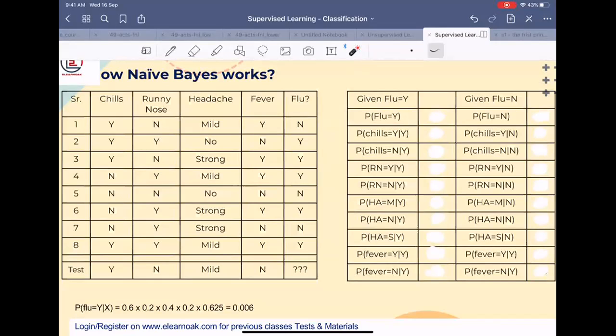This is the probability of the target class. Same way as we evaluated the probability of Virginica, we are now trying to evaluate the probability that flu is yes. We have to look for our favorable conditions divided by all of our options. 5 by 8.